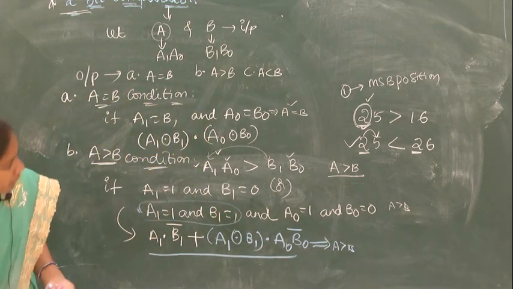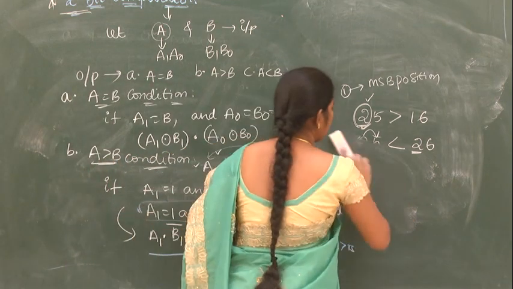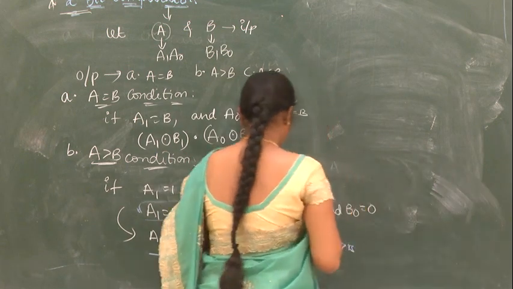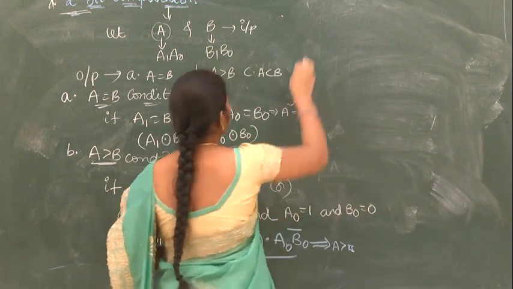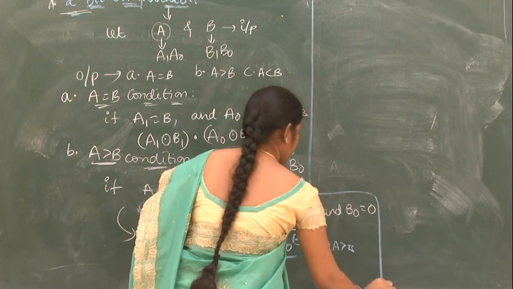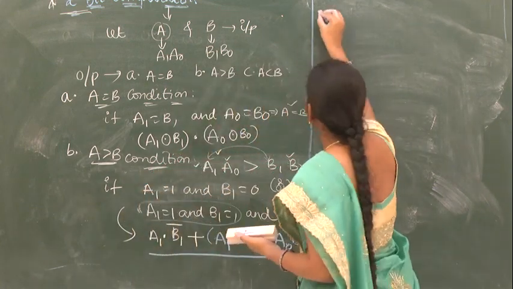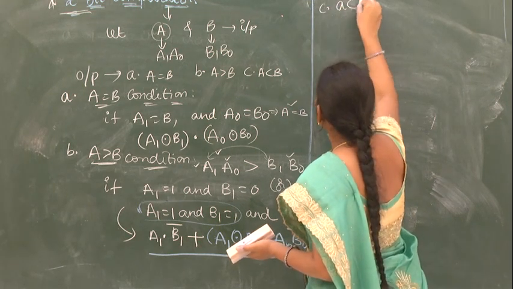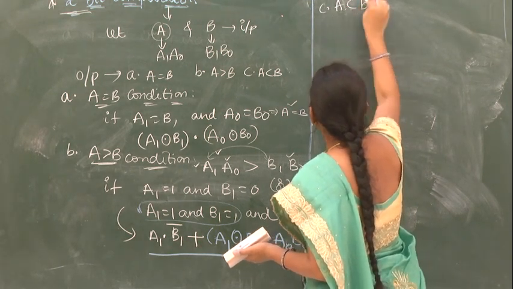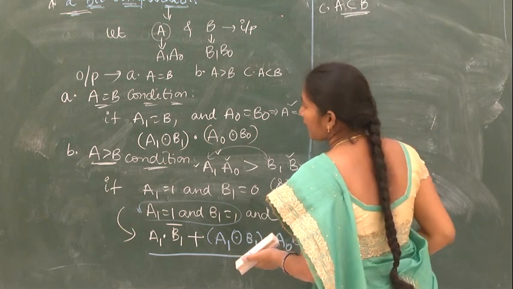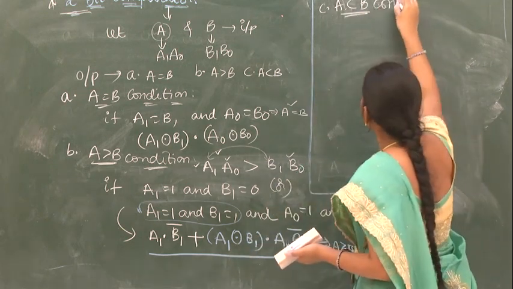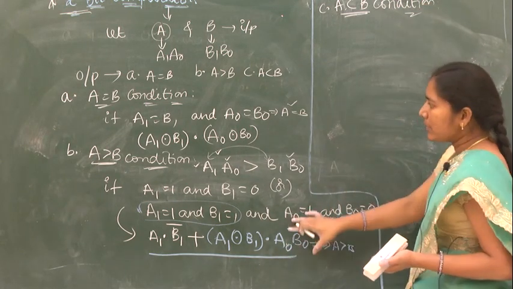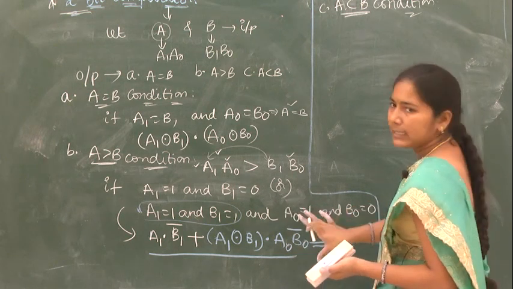Right? Now we will find the logic expression for A less than B. Third case is what? A less than B case. This is also similar to the second case.